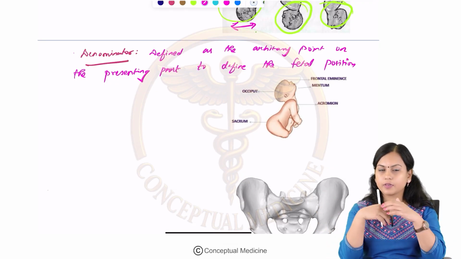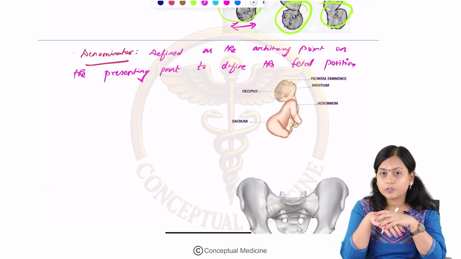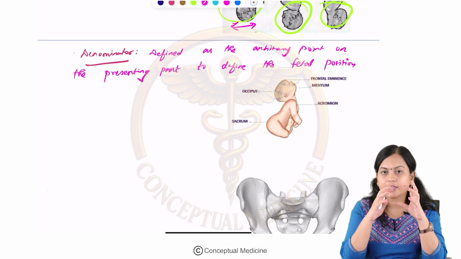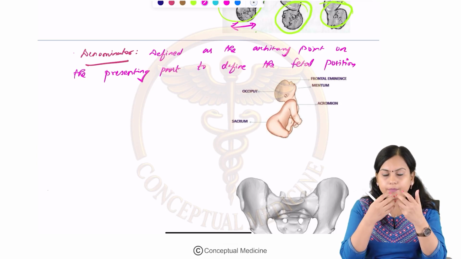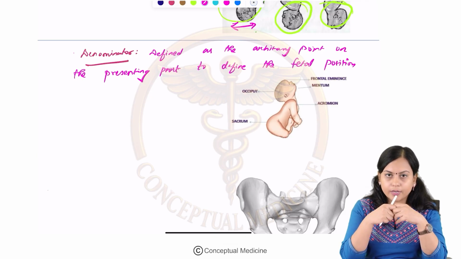Next we will be seeing position, but to define that position you have to know what the denominator is, and this denominator is basically chosen as the important point on the presenting part of the fetus.